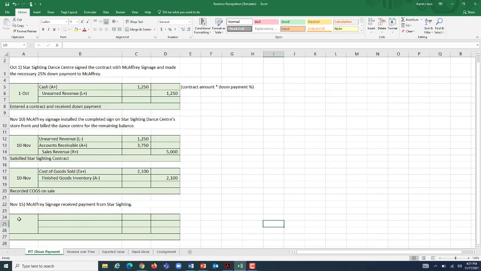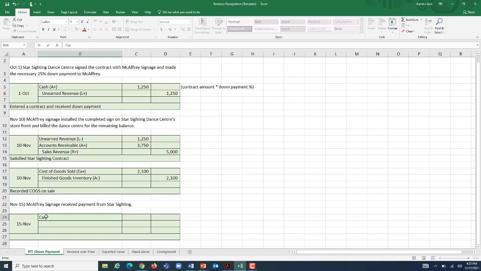And then lastly, on November 15th, that amount owed, the remaining contract amount, is going to be transferred from Star Sighting to McCaffrey Signage when Star Sighting pays off their debt and finishes up the whole terms of this contract. So how much was owed to McCaffrey? Well, they put on their books earlier that they were eligible to receive $3,750.